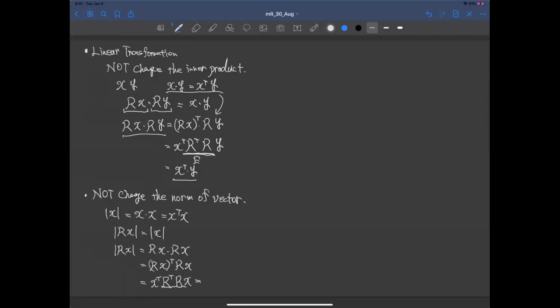Again, this is the identity matrix. That's why the linear transformation with an orthogonal matrix doesn't change the inner product and norm of vectors.